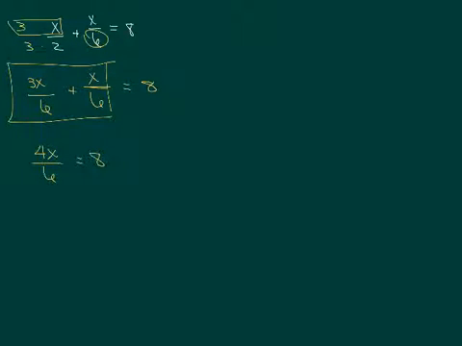We haven't run into this before, so there is some new stuff in this lesson. We're trying to get rid of two different things here. We're trying to get rid of the 6, and we're also trying to get rid of the 4, so that we can get the x alone.